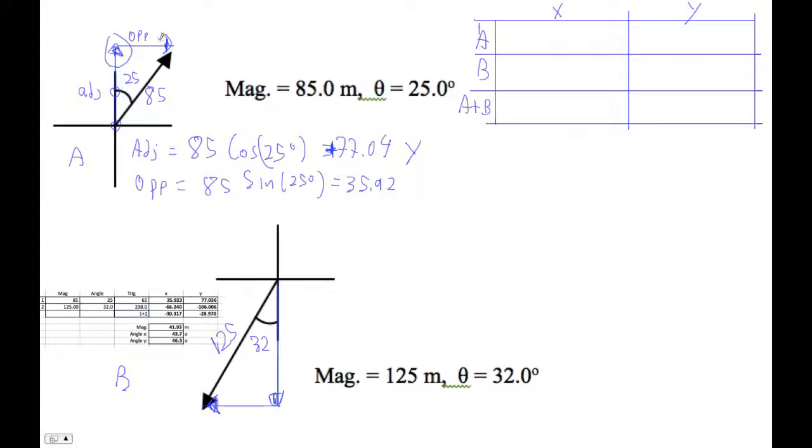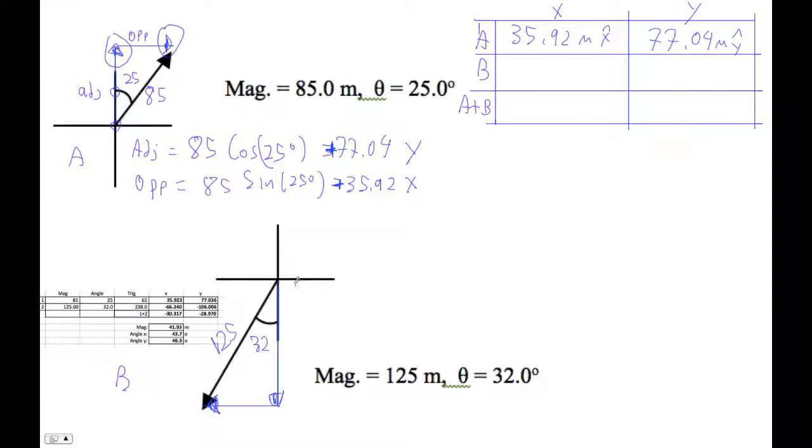This guy here, the opposite side that goes side to side, that is definitely the x direction. And since it goes to the right, it's positive. So let's write these guys down. 35.92, right, and then 77.04 meters in the y direction.